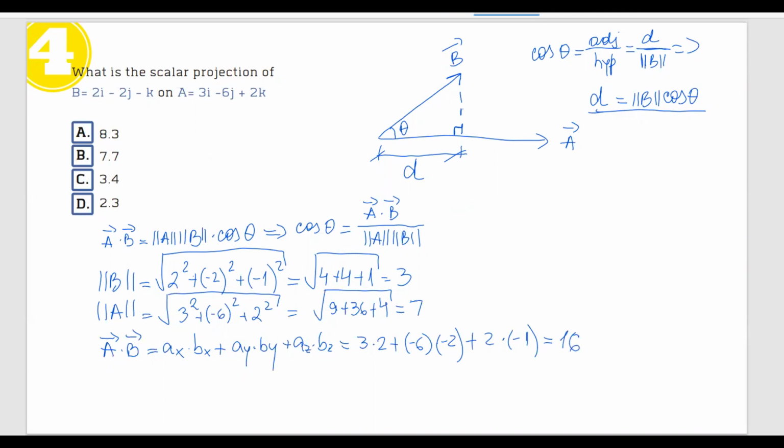And now we can go back to the formula where we calculate the cosine and substitute here. So we're going to have that the cosine of theta equals 16 over 3 times 7, and I get 16 over 21.